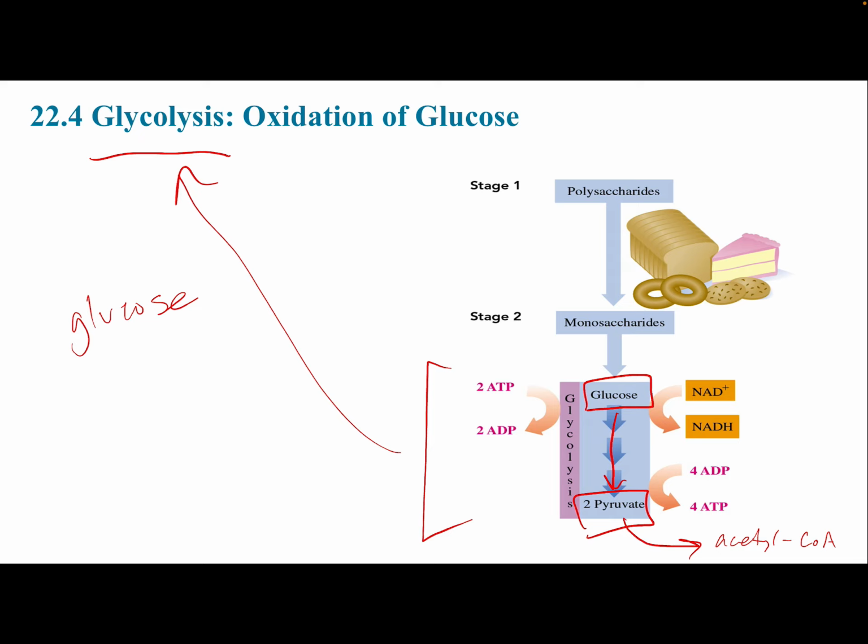The citric acid cycle will produce many of the reduced forms of the other coenzymes that will then go on to the electron transport chain. So glycolysis just refers to essentially taking a 6-carbon molecule and turning it into 2 3-carbon molecules.